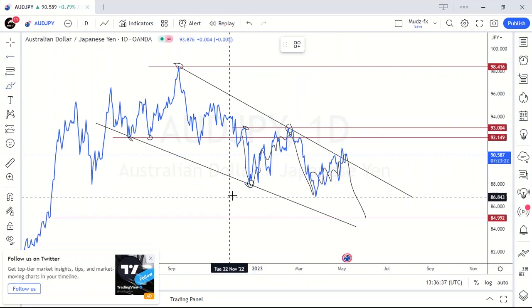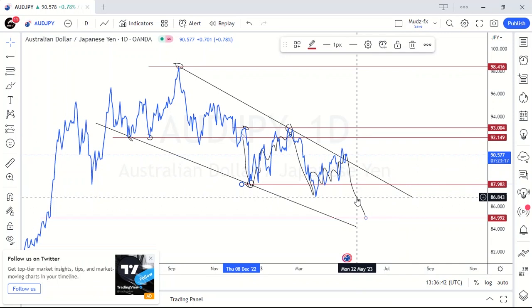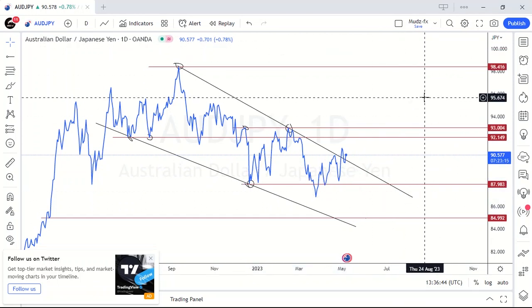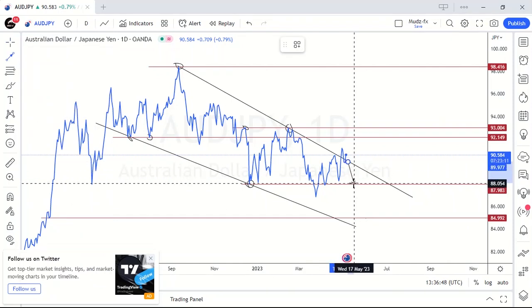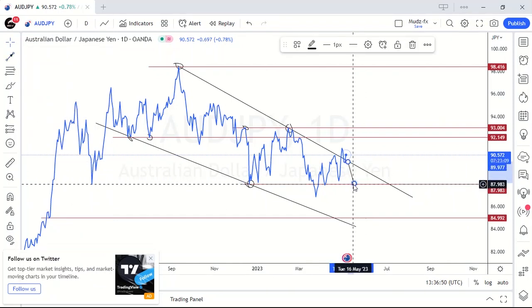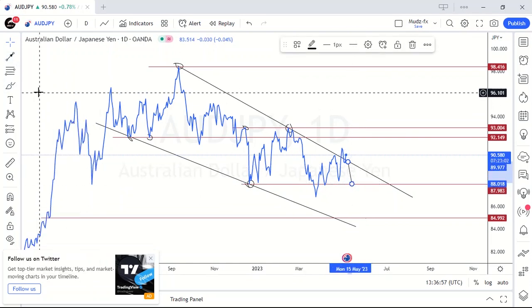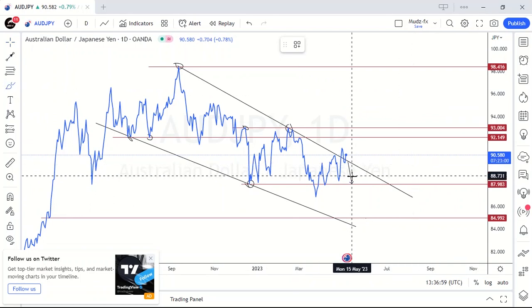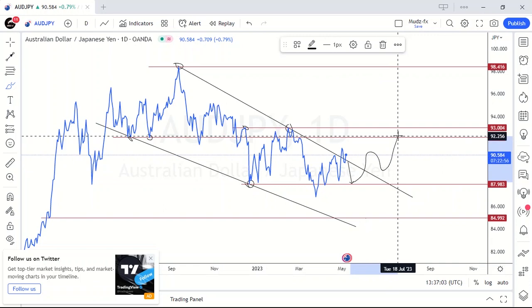From that impulse move, we have a support level. On the support level, you might see the market bouncing on the support, then going up again to our resistance.